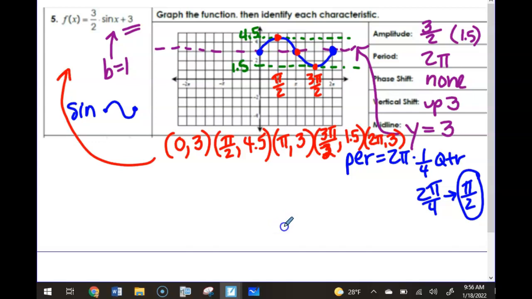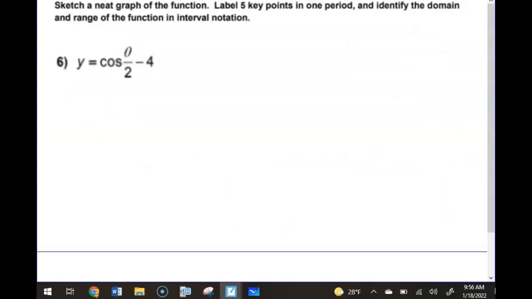All right, so that's one way to do it, is to actually do it on the graph paper. When you don't have graph paper, like this one, there's a couple options, okay? First of all, what's A, the amplitude? It's just 1 because there's nothing out in front. Okay, the B is what?